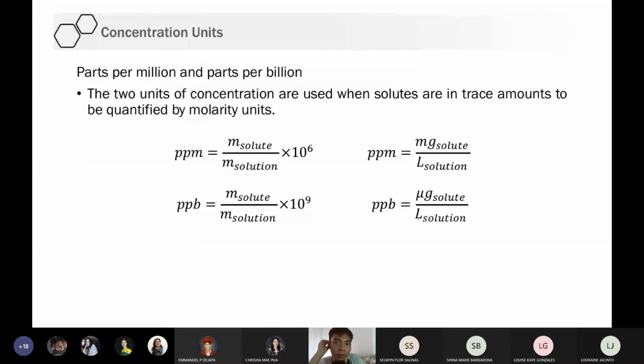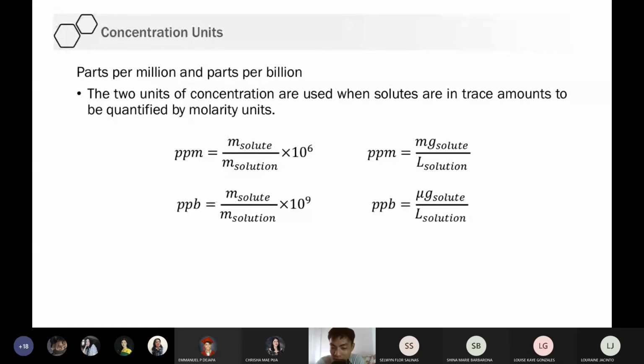To give you an idea, imagine nyo, 1 liter ng tubig, lalagyan nyo siya ng isang pinch ng asin. Mag-pinch kayo ng asin, halo nyo doon. So, doon kayo pwede gumamit ng ppm and ppb, o parts per million or parts per billion. Why? Because if you use percent by weight o kaya percent by volume o kaya molarity, ang magiging concentration nyo ay super duper tiny.